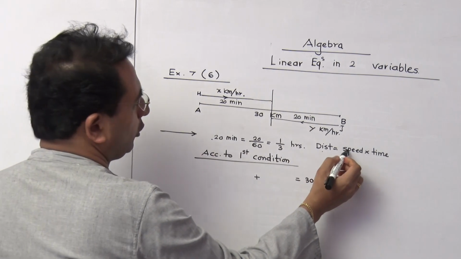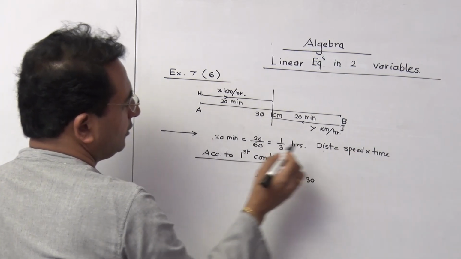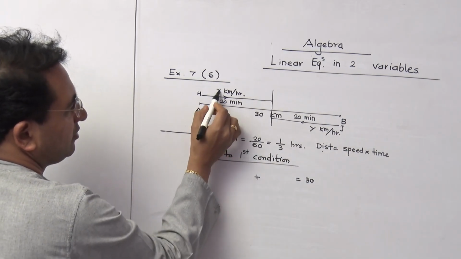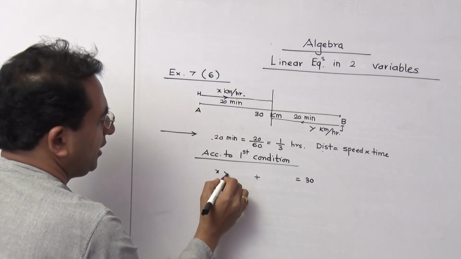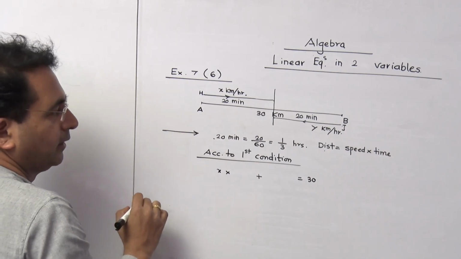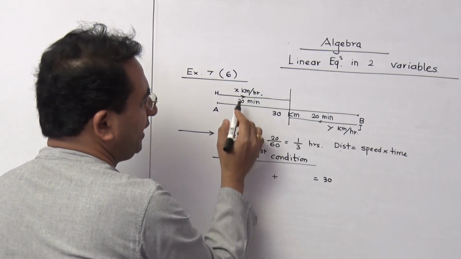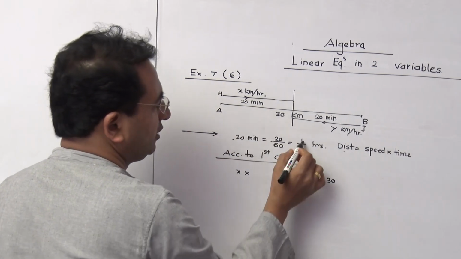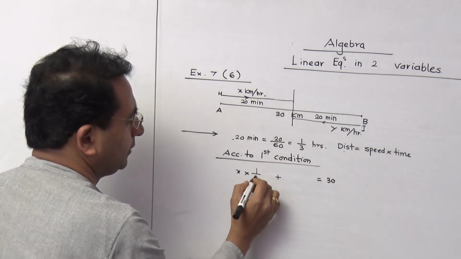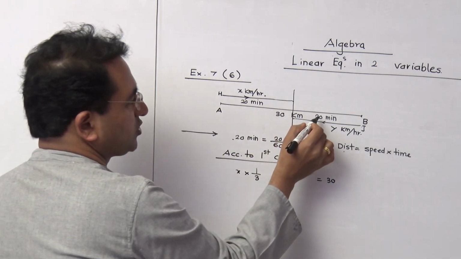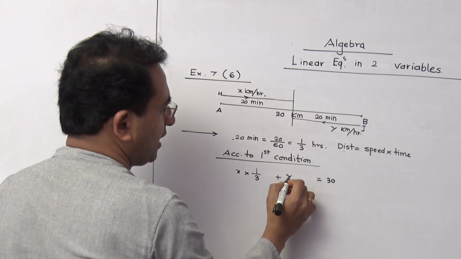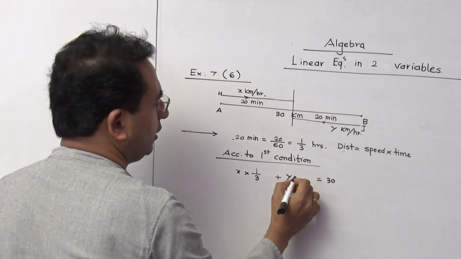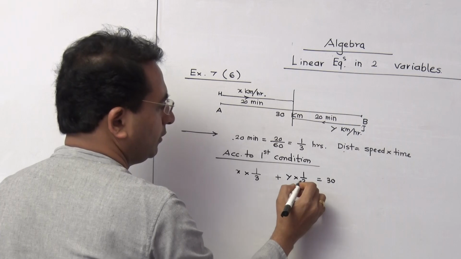Now whenever we are talking about the speed for Hamid, it is x. Multiply this by the time for which it is moving. Time is 1/3 hours, no? So 1 upon 3. The speed of Joseph is y and he is also traveling for 1/3 hour.